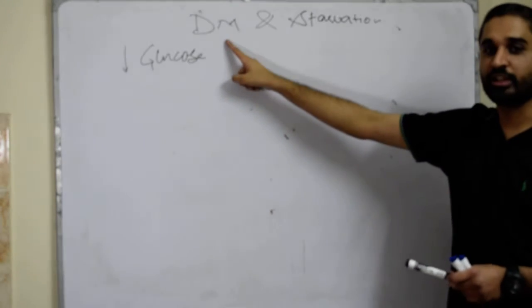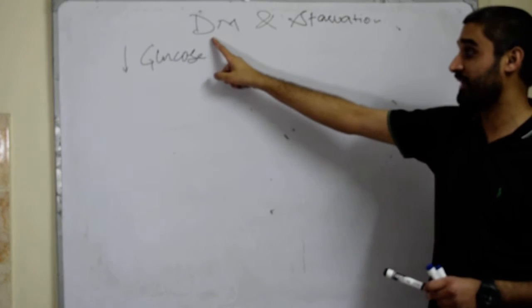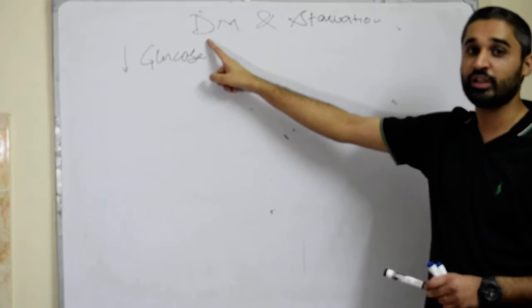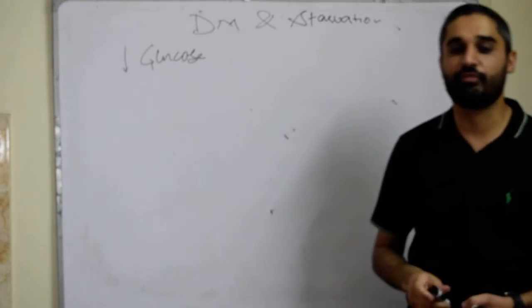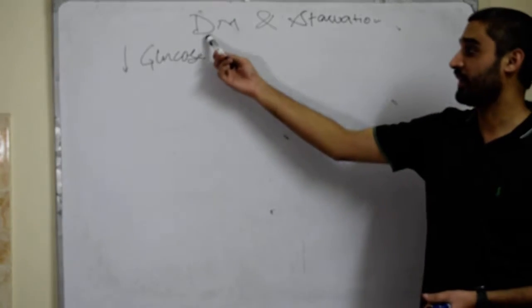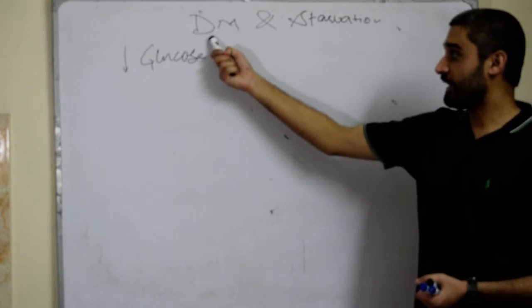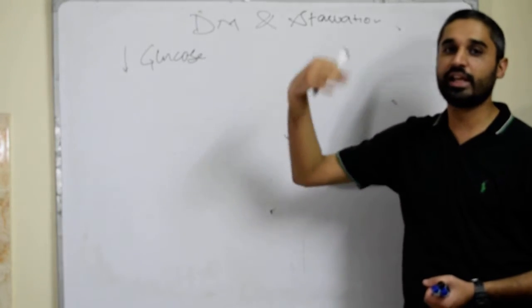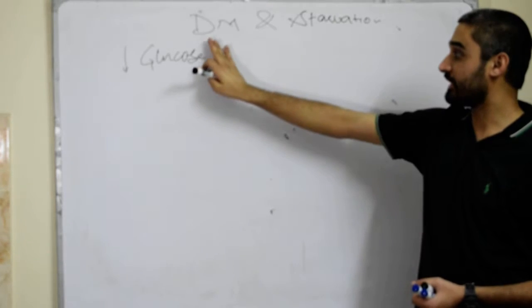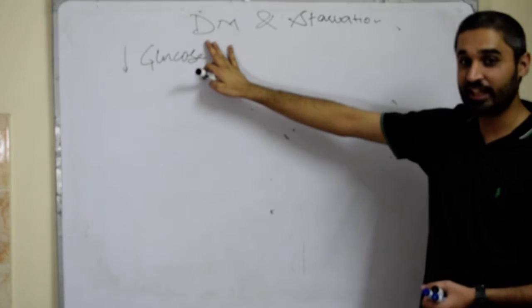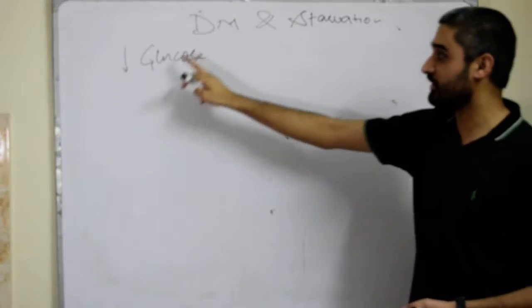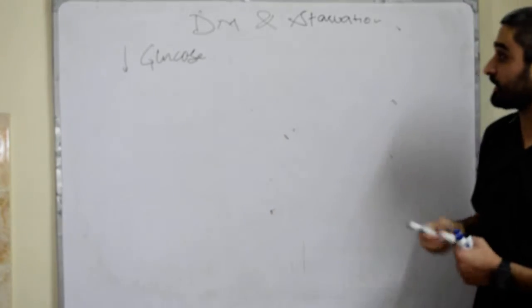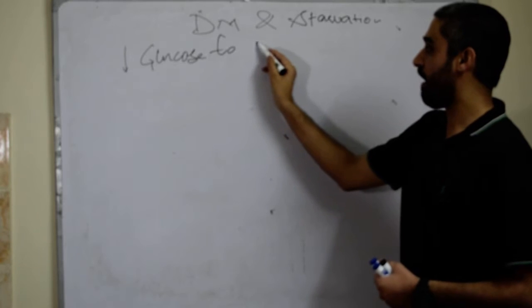In diabetes mellitus, the glucose amount is very high, but this glucose molecule is not available to give energy. So in both conditions, the glucose available to give energy is less. Number 1.